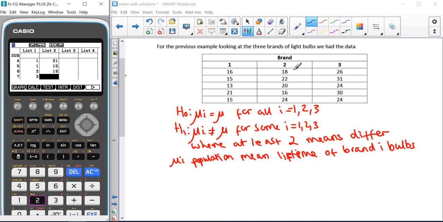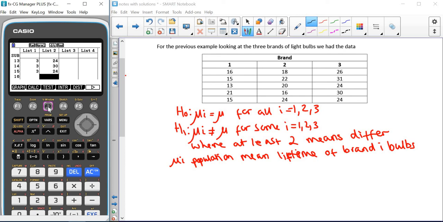The second is 22. Then 20, then 16, then 24. And now we've gone on to list 3, which is 26, 31, 24, 30 and 24. So I've entered all my information into my table.